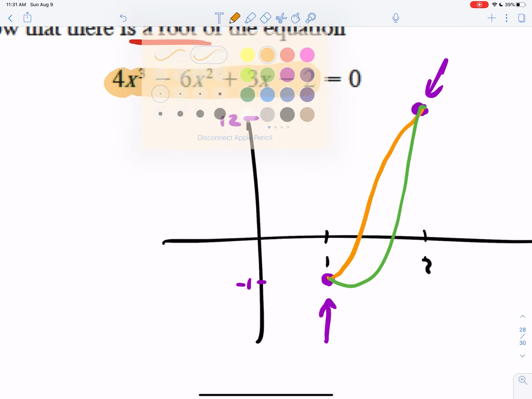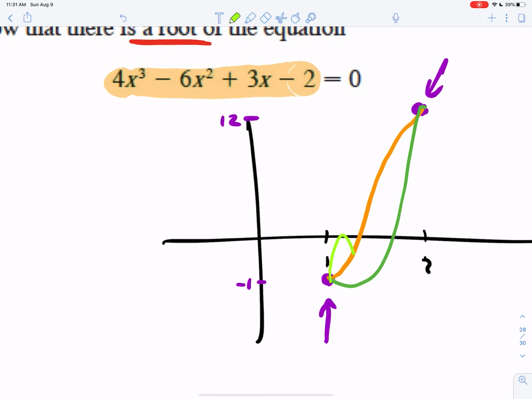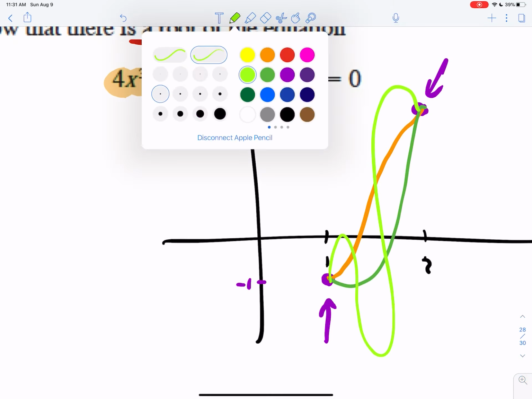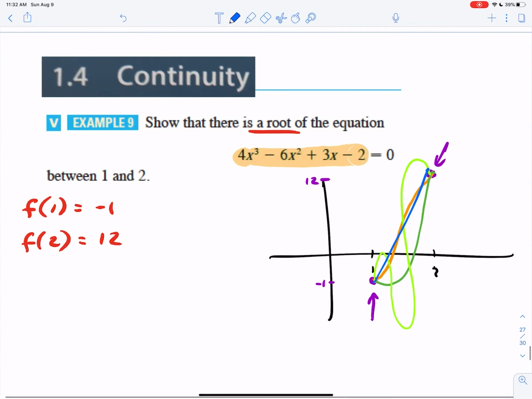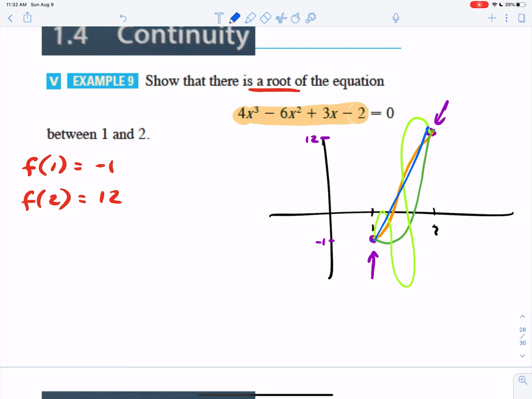I really don't know what happens with this graph, but in all 4 different cases, whether you're looking at the light green, the dark green, the orange, or the blue, notice that you're guaranteed to cross the x-axis, which is what a root is. You're guaranteed, okay? So, why are we guaranteed that? Based on what, right? Based on IVT, okay?